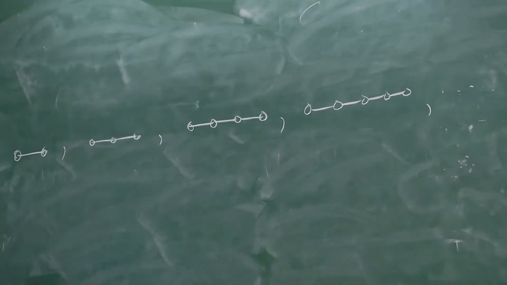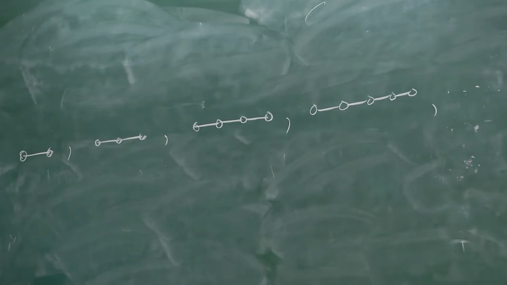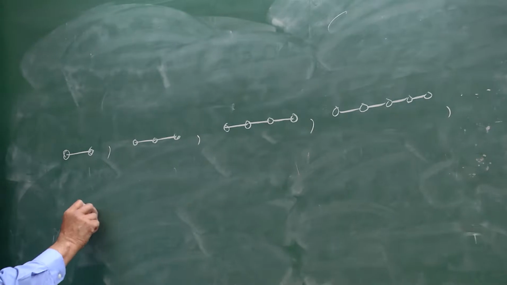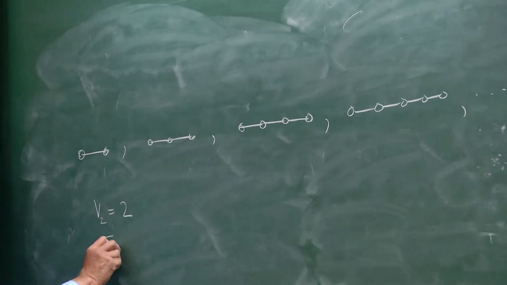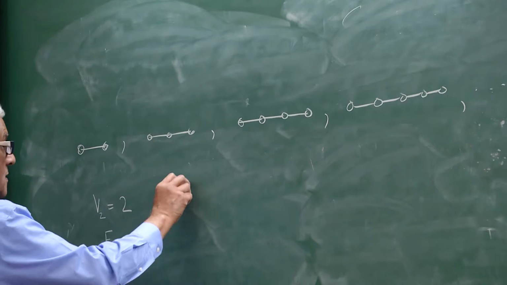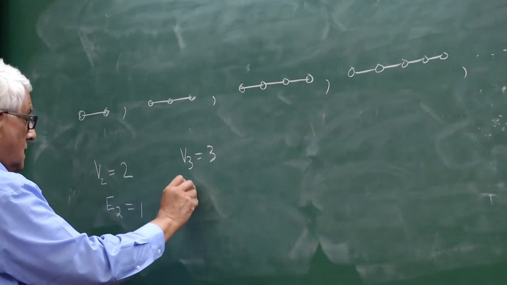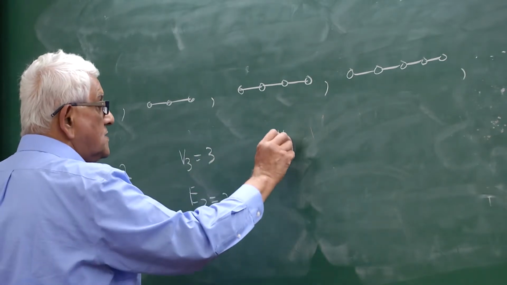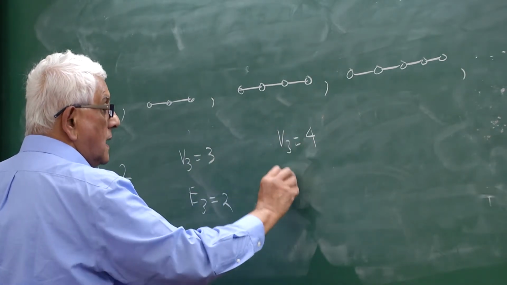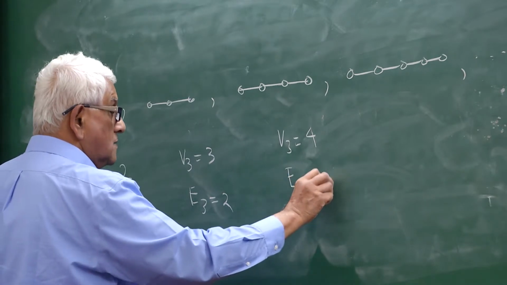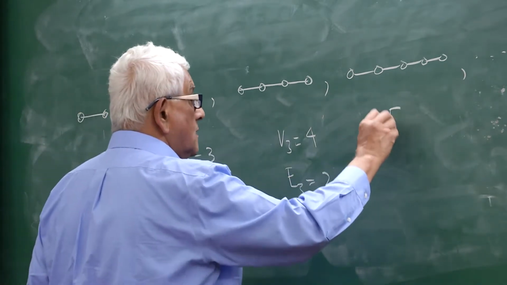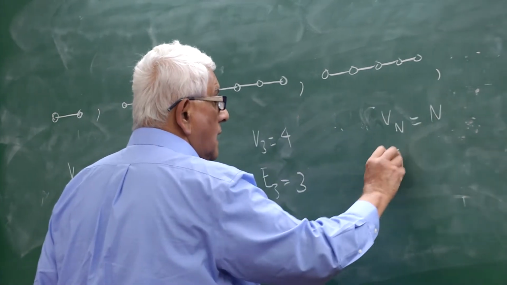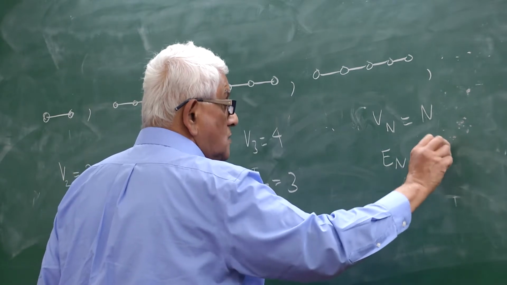Right. So, again I follow Euler, and I say the V for this thing which has V2 is 2 and edge is 1, V3 is 3, edge 3 is 2, V3 for this is 4, edge 3 is 3, V n is n, edge n is n minus 1.